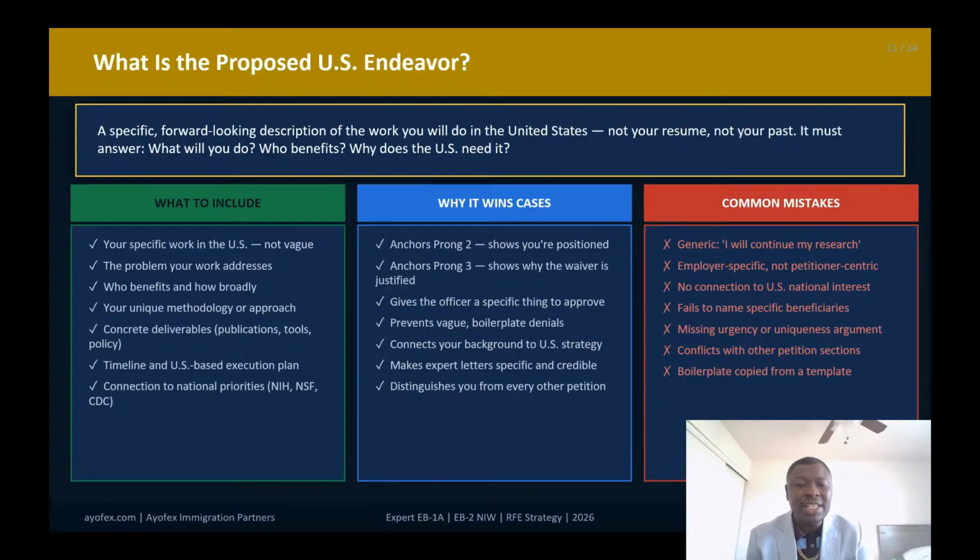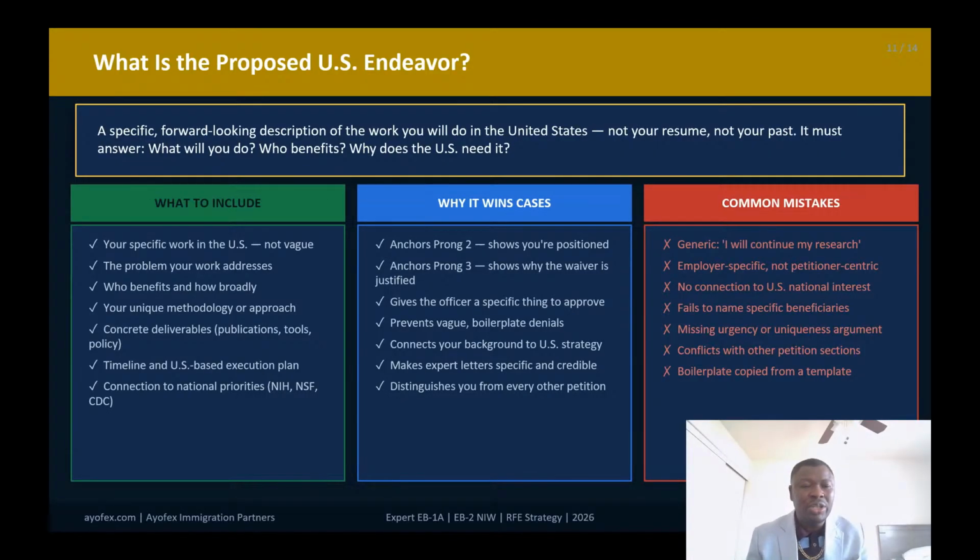It must answer the question, what will you do? Who benefits? Why does the US need it? So your proposed endeavor needs to answer the question, what will you do? Who benefits? And why does the US need this particular thing that you want to do?